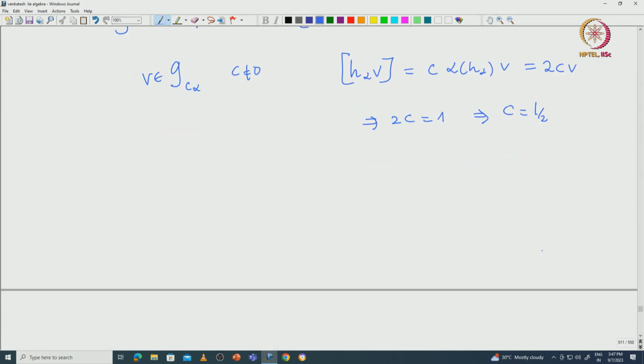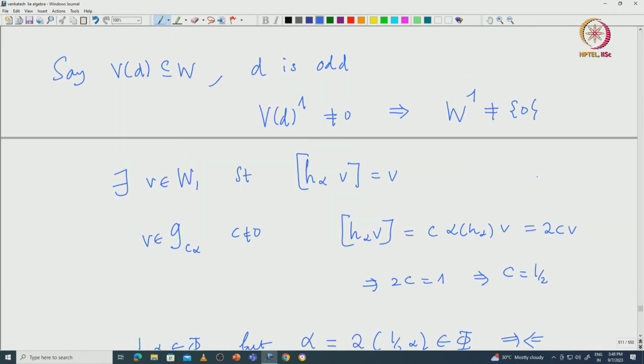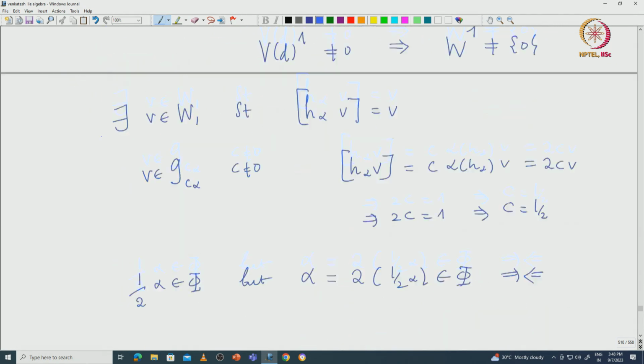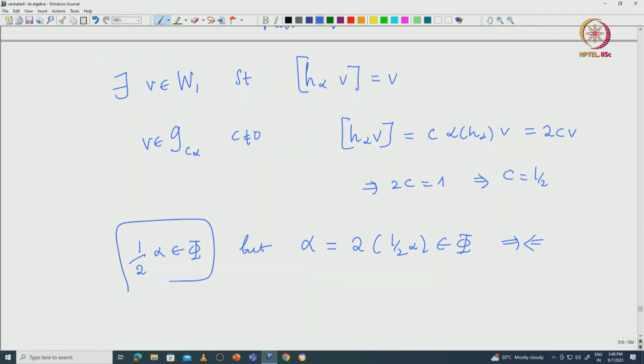So, that means we got that half alpha is in phi. But note that alpha is already in phi, which is twice half alpha. So, this is a contradiction. We just proved above that for any alpha in phi, 2 alpha cannot be in phi. So, half alpha also cannot be in phi.